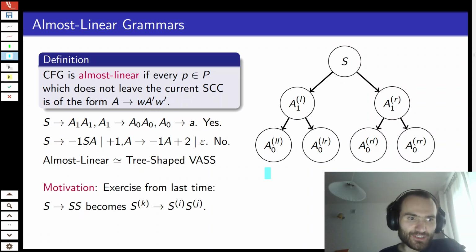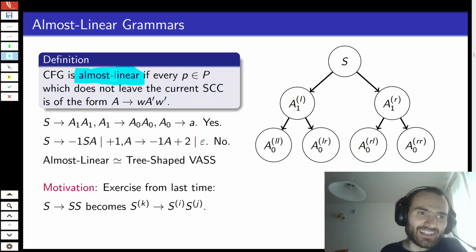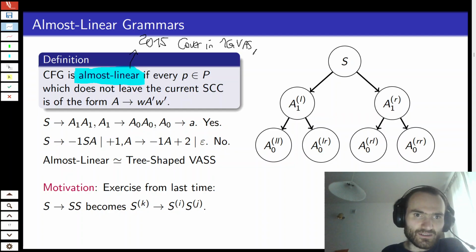Okay, and at this point you are going to wonder, why do we look at this weird notion? Has anybody even defined this? So, first of all, I can tell you this has been defined before in the literature. In 2015 there was a paper on coverability in one-GVAS.